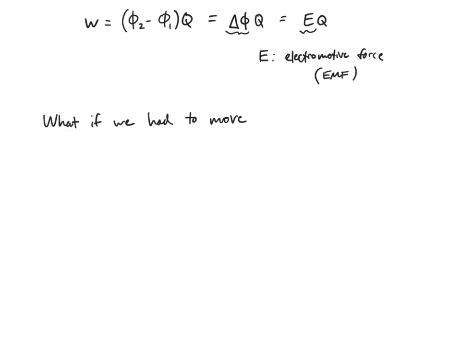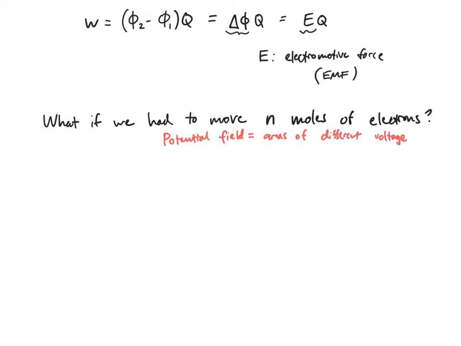Next, we're going to ask the question, what if we had to move n moles of electrons within a potential field? First, let's think about Q being the total amount of charge that we're moving.